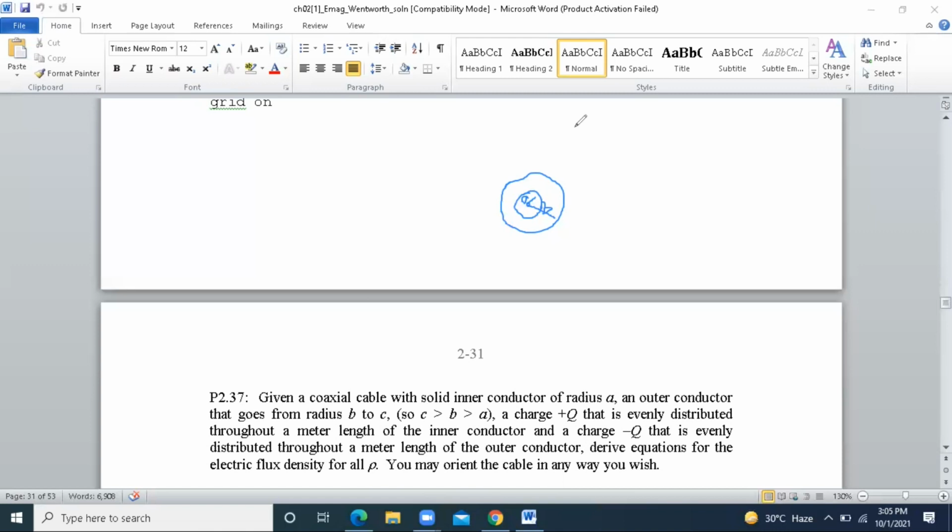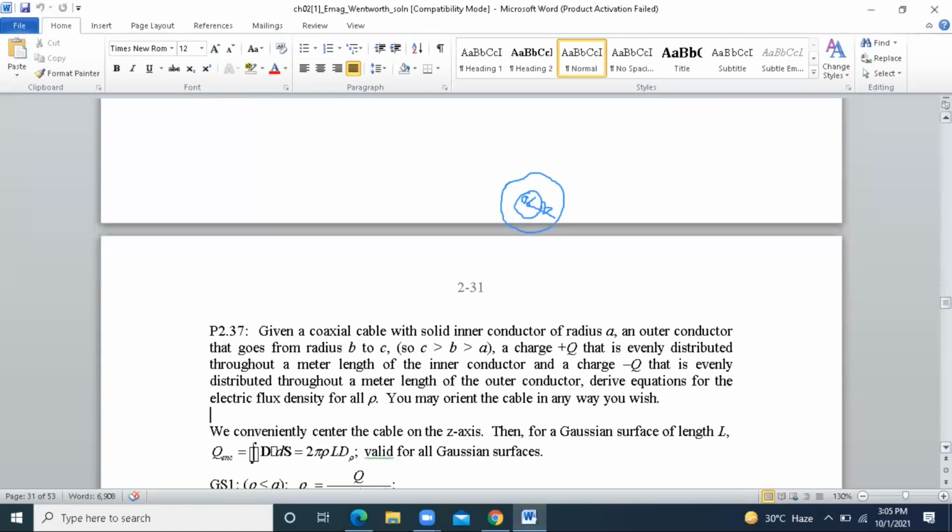Then we start off by having our valid Gaussian surface. So charge enclosed equals the closed integral of D dot dS.